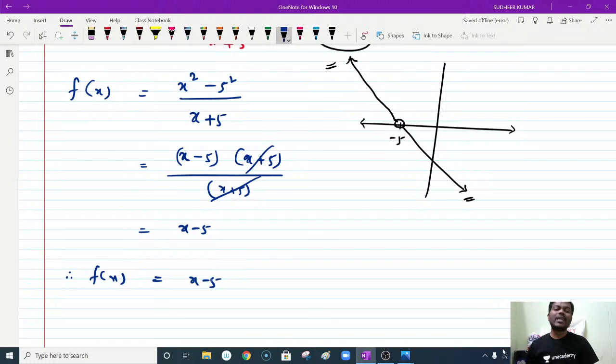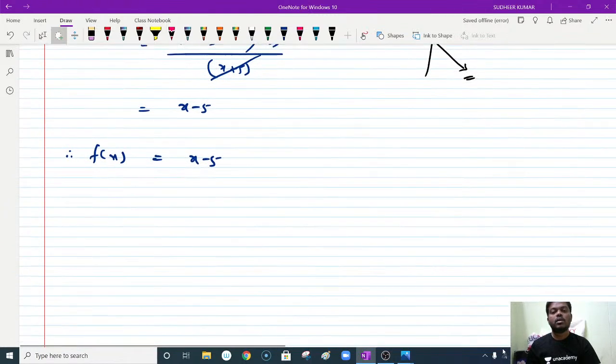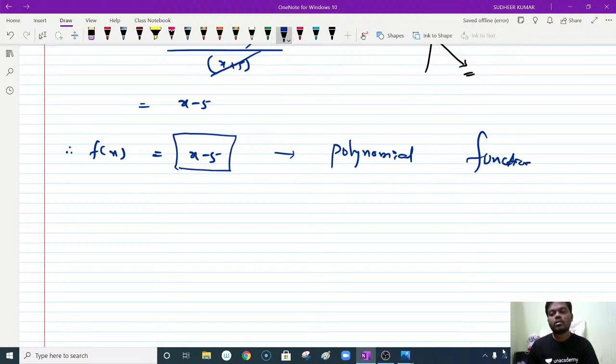So we can take LHL and RHL and f of a, whatever it is. It's a polynomial function, right? A polynomial function is continuous at every point in its domain.